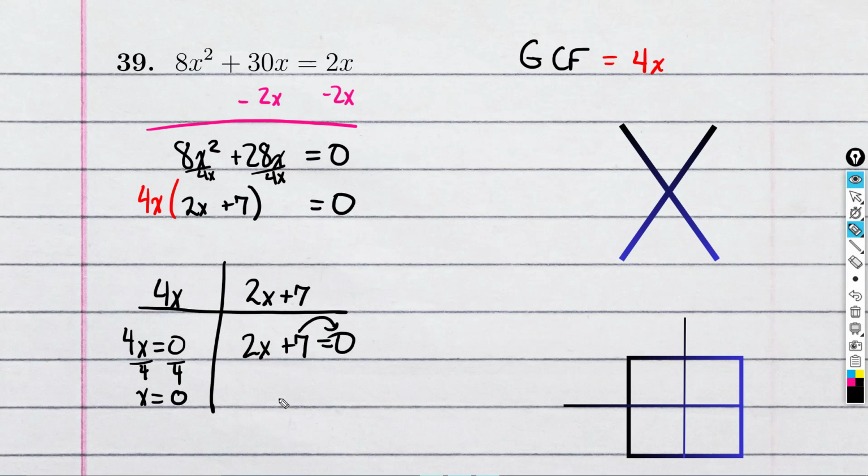Move the 7 over. And so I have 2x is equal to negative 7. And so x is equal to negative 7 halves. And so my answer is x equals the set negative 7 halves, comma 0.